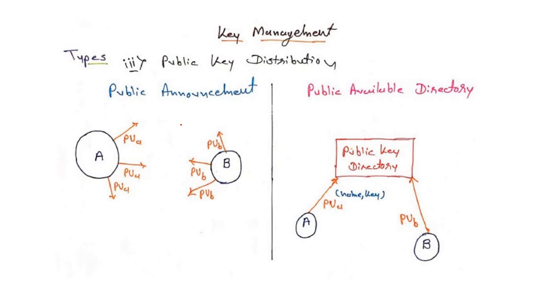So what happens in terms of public key distribution? That is our case number 3. First, there is a public announcement. So user A and user B both announce their public keys. So anyone can use these public keys and communicate with user A and user B. So that is a broadcast, like radio broadcasting.